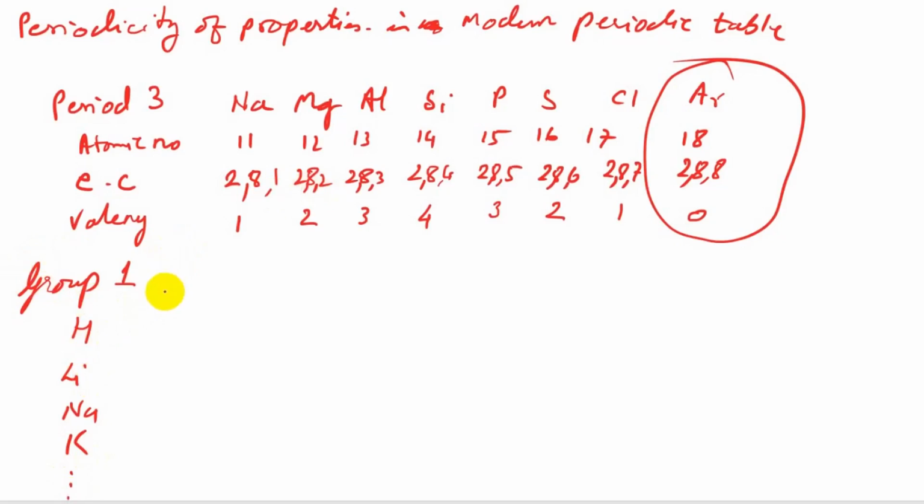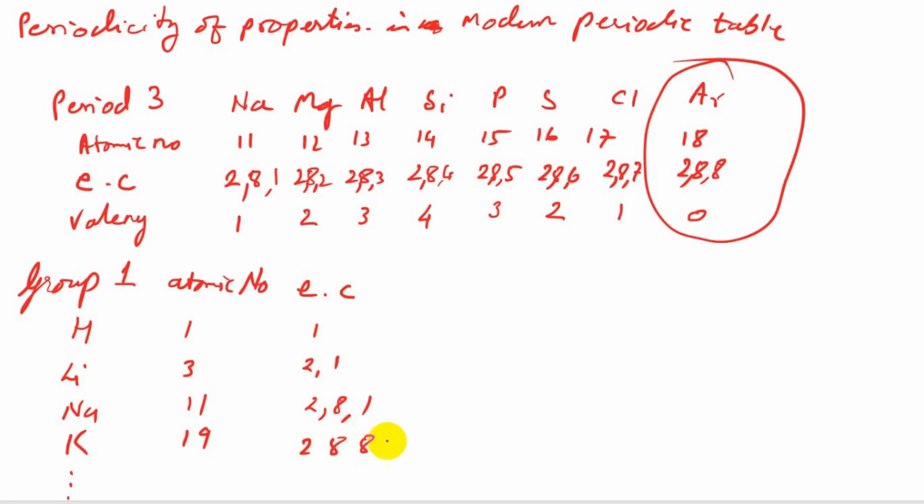Now they'll also have atomic numbers. The atomic number of hydrogen is 1, lithium is 3, sodium is 11, and potassium is 19. They'll also have electronic configuration: 1, then 2, 1, then 2, 8, 1, then 2, 8, 8, 1.